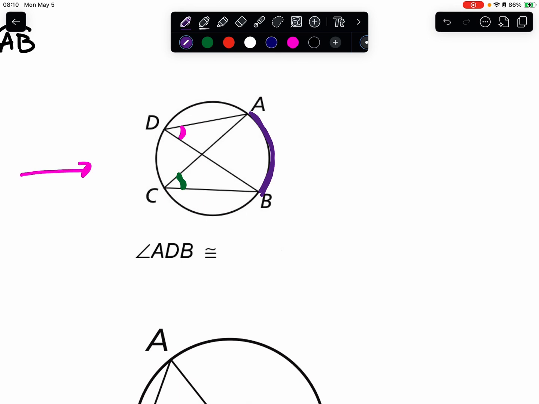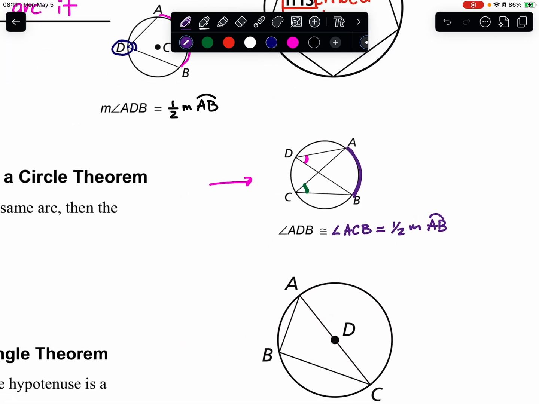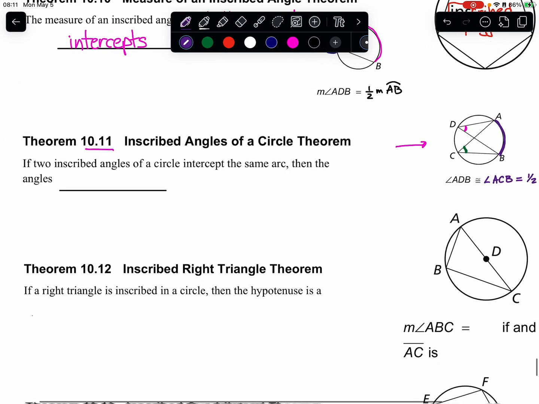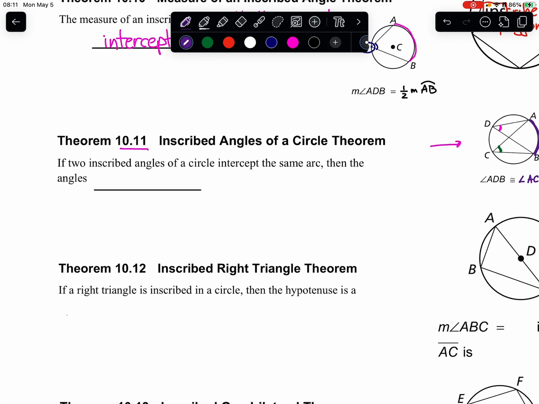So, I guess we were just saying angle ADB is congruent to angle ACB, which will equal 1/2 the measure of AB. All right? So the theorem just says if two inscribed angles intercept the same arc, then the angles are congruent.